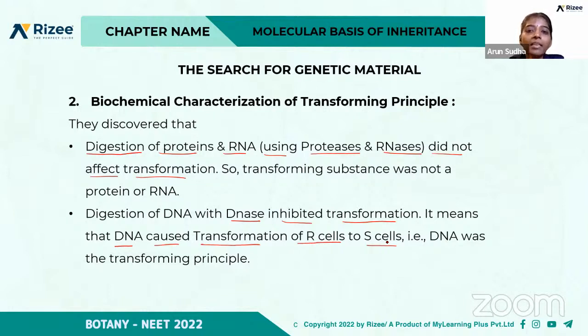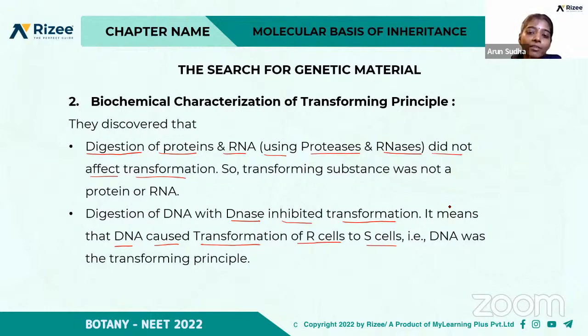Griffith found only the transforming principle, but he was not sure whether it was DNA, RNA, or a protein. But further experiments by Avery, MacLeod, and McCarty found out that the transforming principle was DNA. How did they find it? By using different enzymes like proteases, RNases, and DNases.